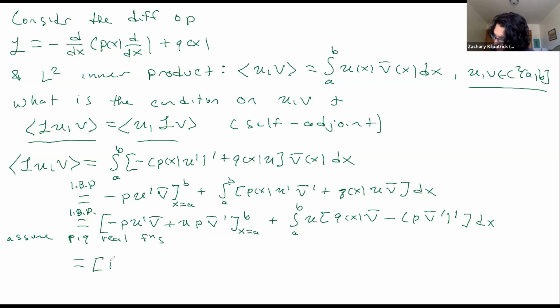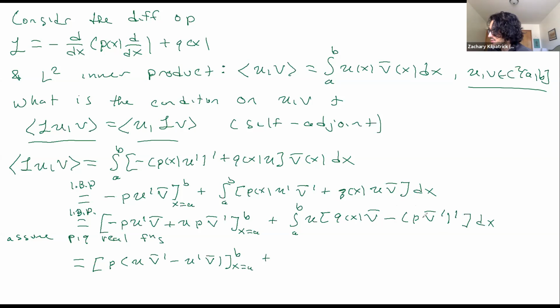And I end up with p, u v conjugate prime minus u prime v conjugate, evaluated between x equals a and x equals b. Plus now, if we look at this, this is really just u's inner product with L acting on v, but the conjugate of that.